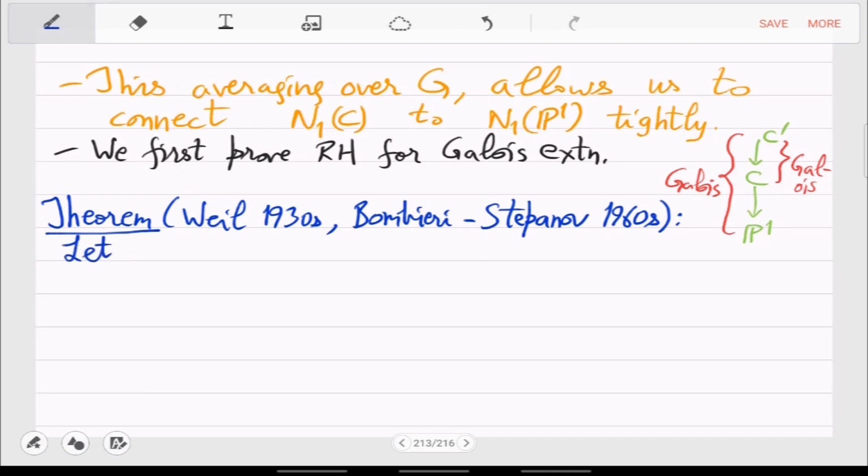So let C prime to P1, let me just continue with C here. So let C be a Galois cover defined over FQ.